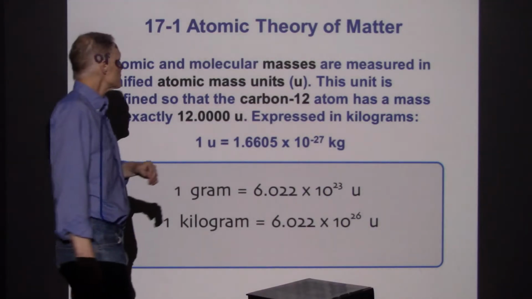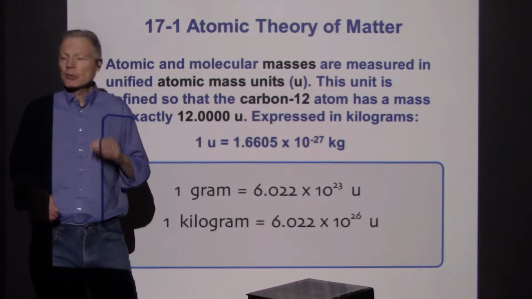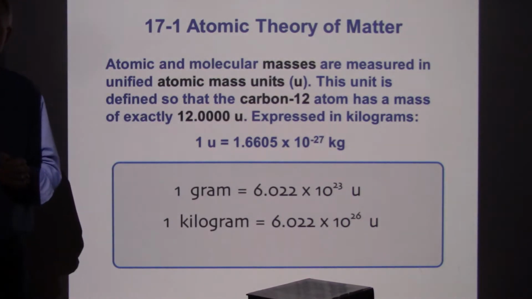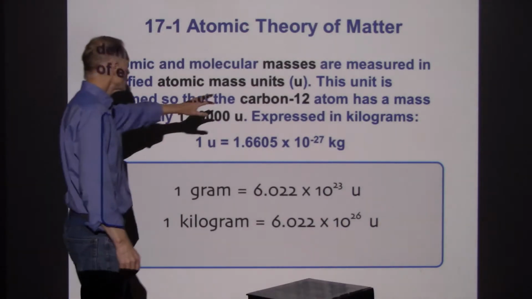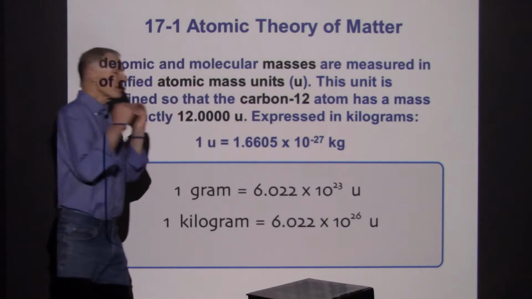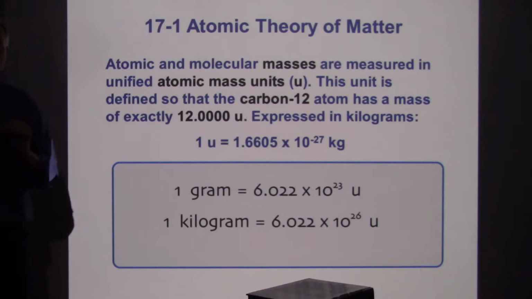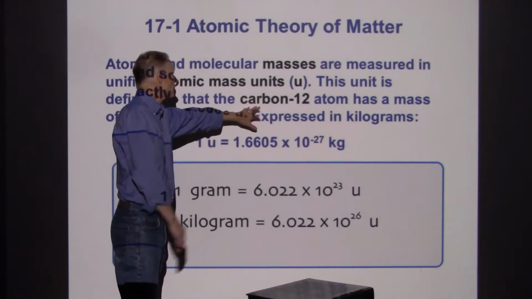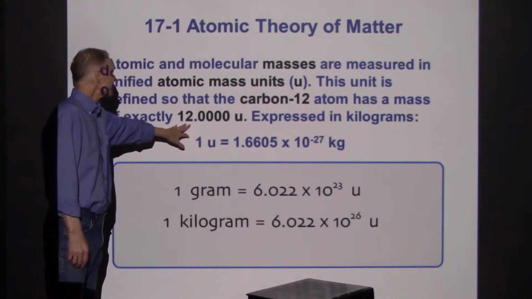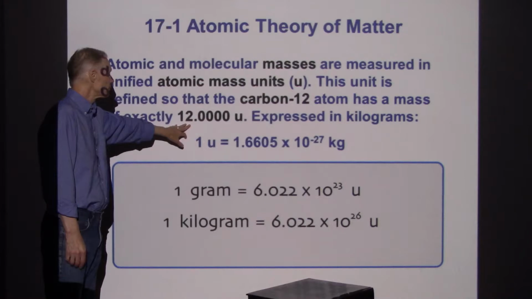And it used to be, interestingly enough, oxygen-16, the isotope of oxygen, that was set exactly at 16, and then, 50, 60 years ago or something, they switched over to carbon-12. So everything is based on the mass of carbon-12 as a reference. And we've set the mass of the isotope carbon-12 to be exactly 12 atomic mass units.